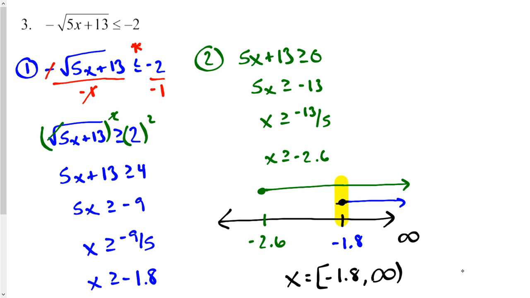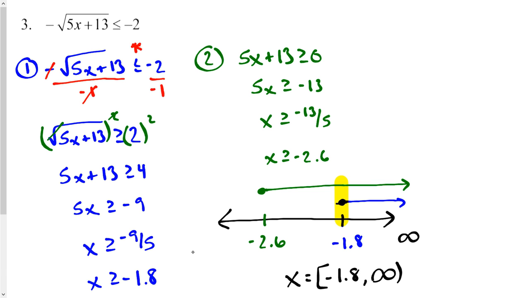We could also express that as an inequality by just writing x is greater than or equal to negative 1.8. Because if it's greater than negative 1.8, it's automatically greater than negative 2.6 as well. All right. You could plug in certain numbers to check that and make sure it all worked out. But I'll go ahead and tell you that it definitely does.